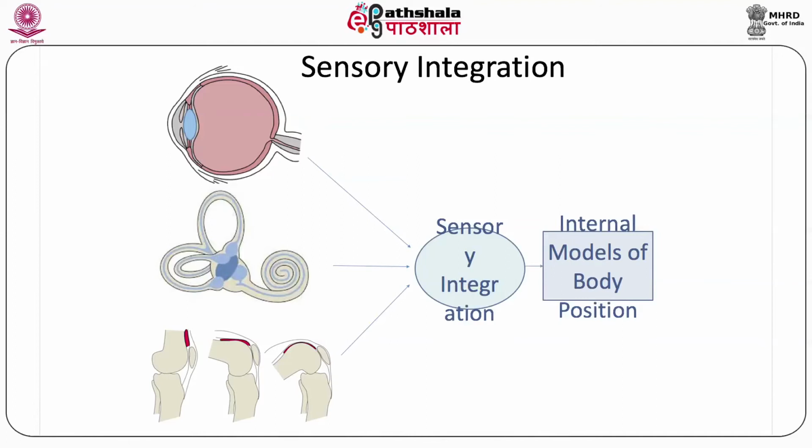But if you are walking in the dark, then visual information is no longer available and we are dependent on proprioceptive, gravitational, and vestibular information to sense the gravitational vertical. So sensory integration is a dynamic process in which sensory inputs are weighted according to their relevance in the current scenario to give us a complete and appropriate internal and external model, and allows us to construct a frame of reference to perform the various functional activities.